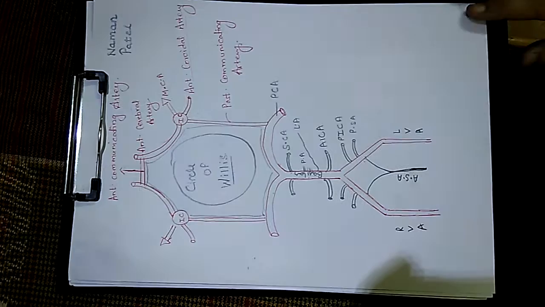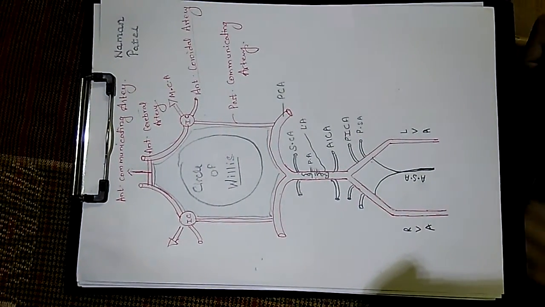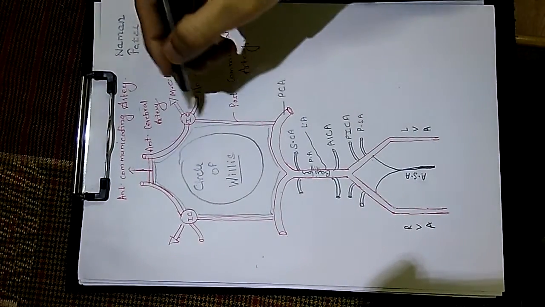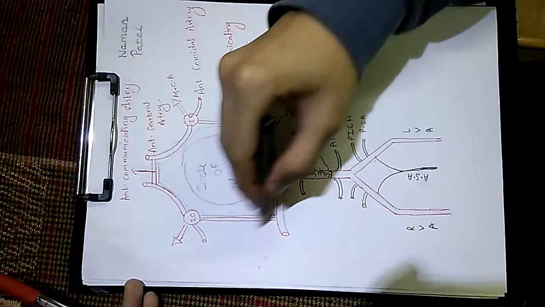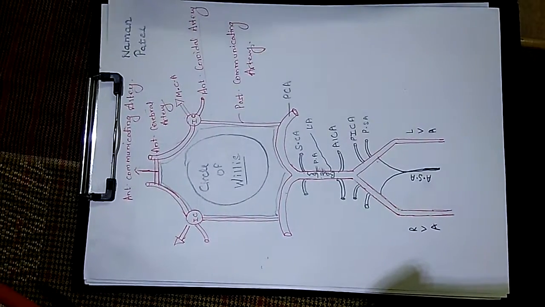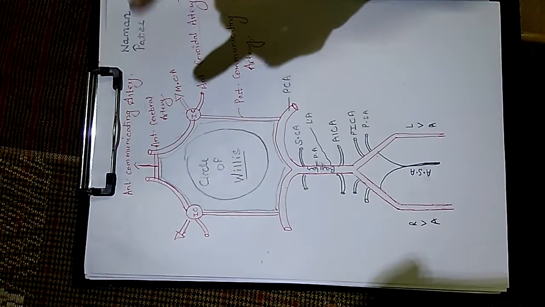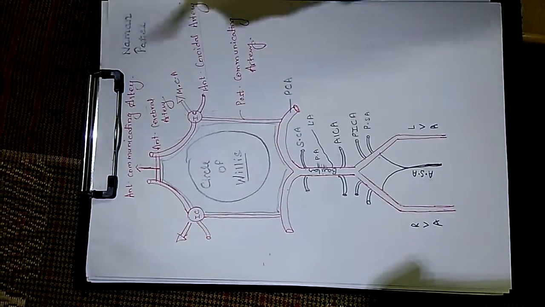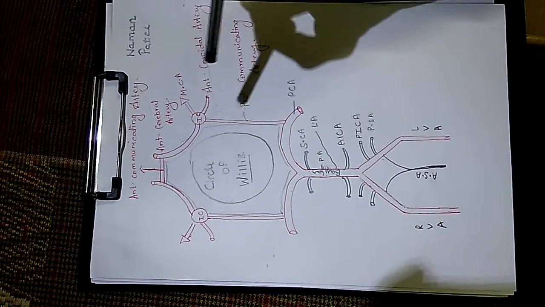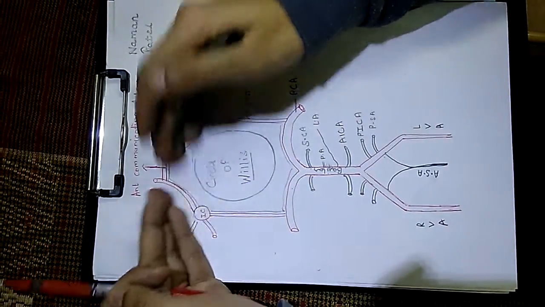So let me tell you the clinical relevance of the circle of Willis. The clinical relevance is that if there is a thrombus stuck in any of these arteries which make up the circle of Willis, our brain wants an uninterrupted circulation of blood. So for that uninterrupted circulation, this system is made, the circle of Willis.